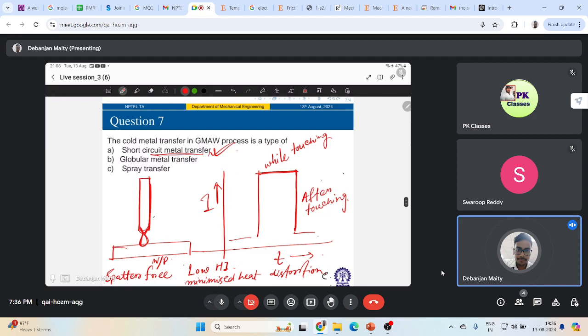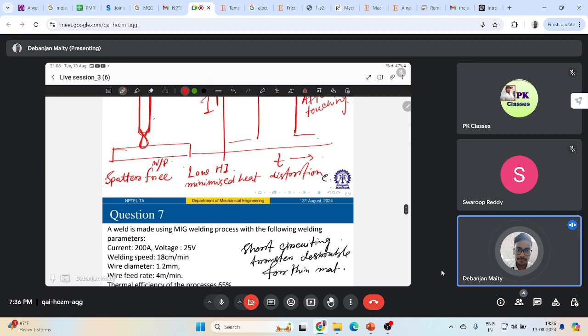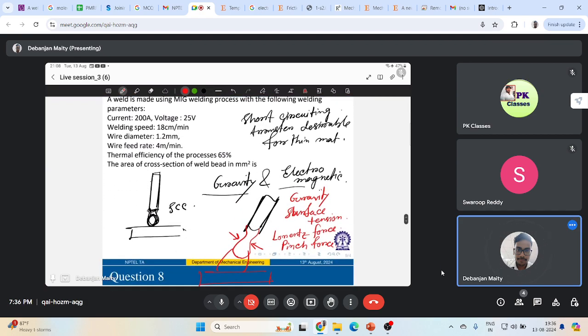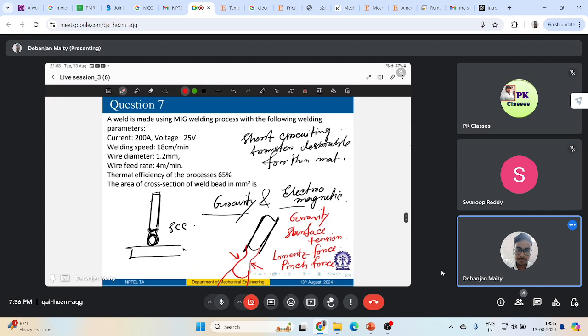This is a type of short circuit metal transfer, as I was saying. This is a similar type of numerical as we are doing.